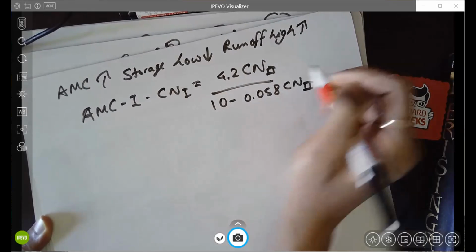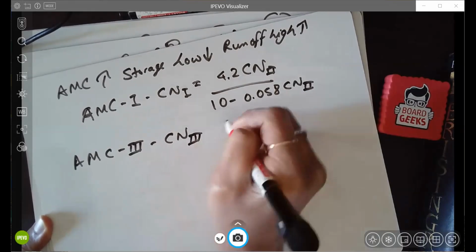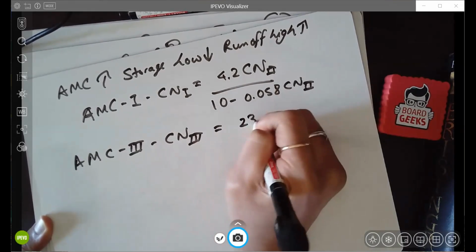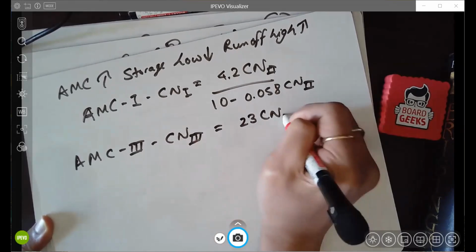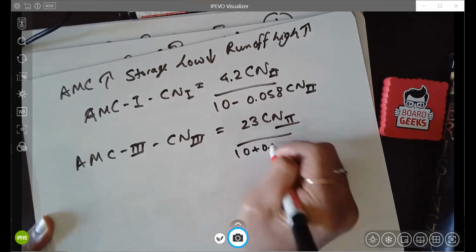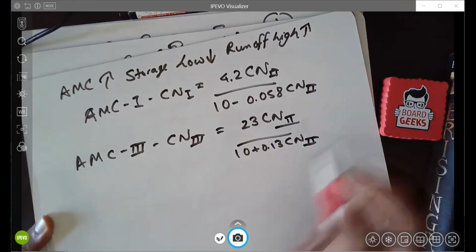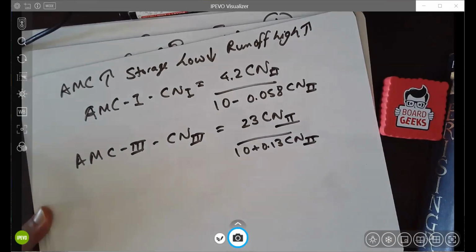For antecedent moisture condition type 3, CN3 is equal to 23 CN2 divided by 10 plus 0.13 CN2. Okay, so using these equations, let's solve this problem.